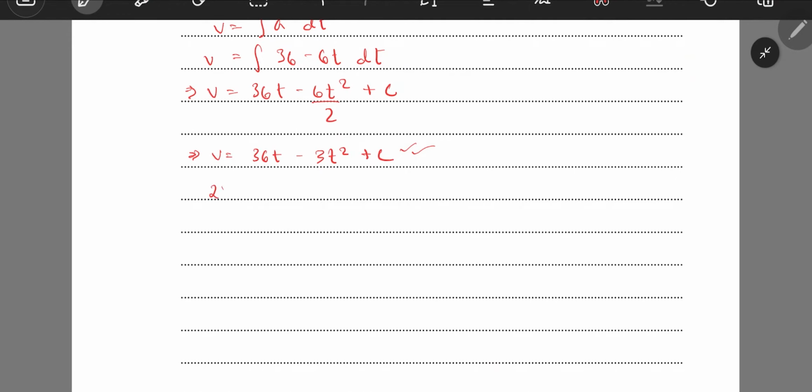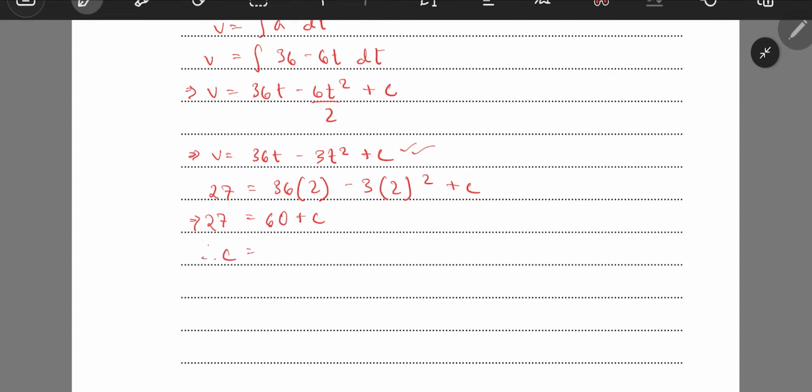So 27 is equal to 36 times 2 minus 3 times 2 squared plus c. Now let's just simplify and rearrange. So 27 equals 36 times 2 is 72 minus 3 times 2 squared, so 12, plus c.